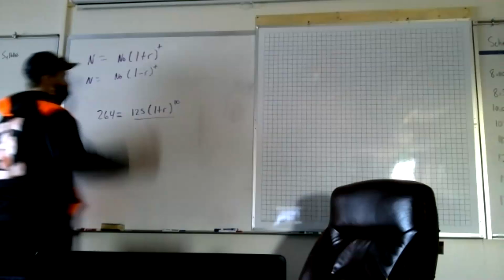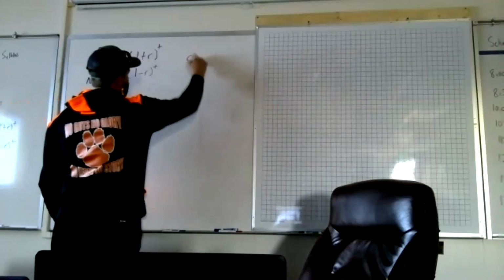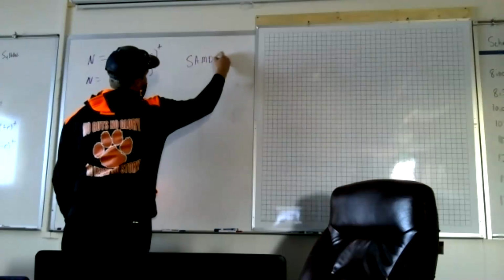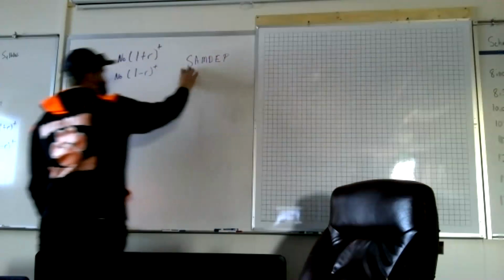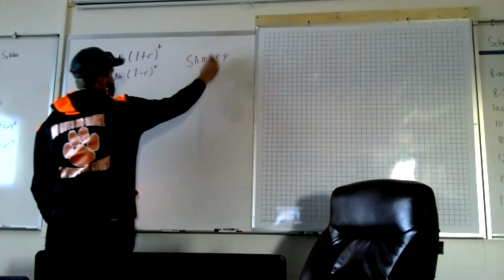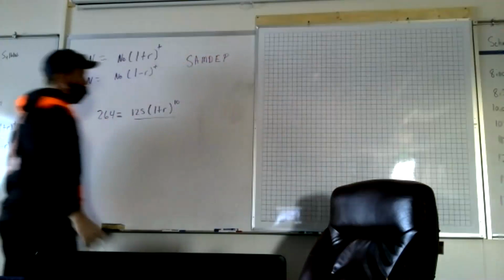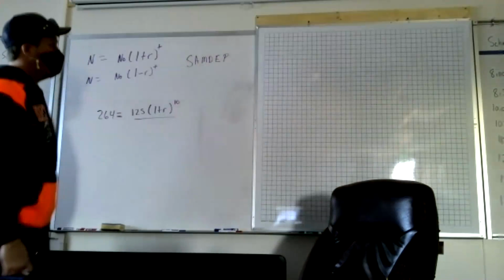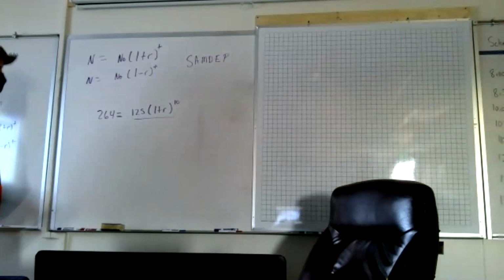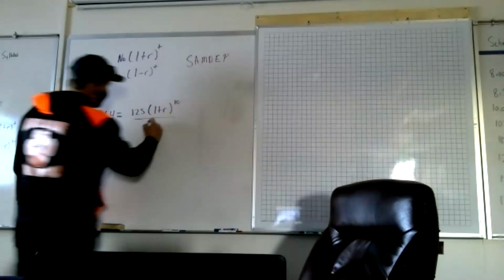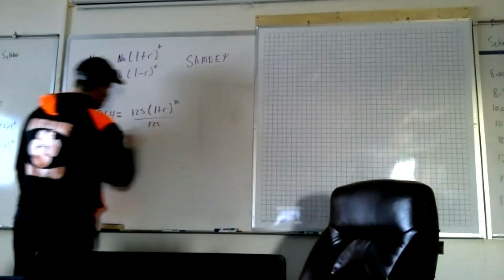Because if I'm reversing PEMDAS, I take care of subtraction and addition first, multiplication and division, then my exponents, then the parentheses. But in this case, there is no subtraction and addition, so I just skip it and go on to handle my multiplication. So divide by 125 on both sides.